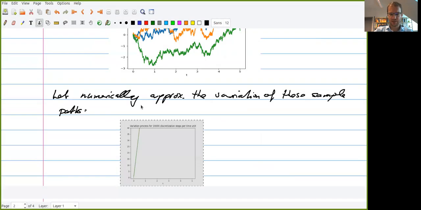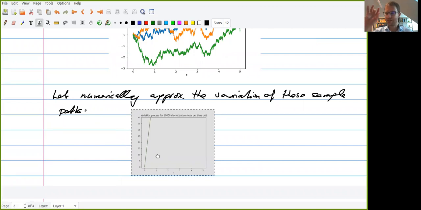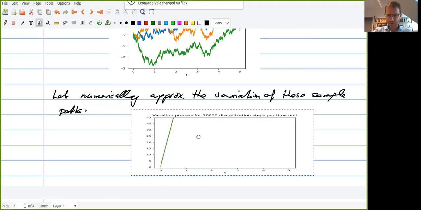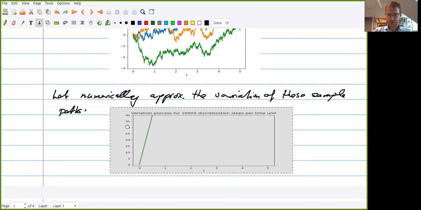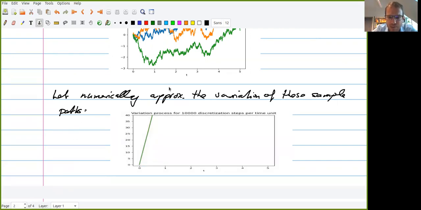If you take 1,000 steps, or 10,000 steps, describing the interval with 10,000 small intervals, you see only the green one because they are all close to each other, so the blue and the orange one are hidden there.